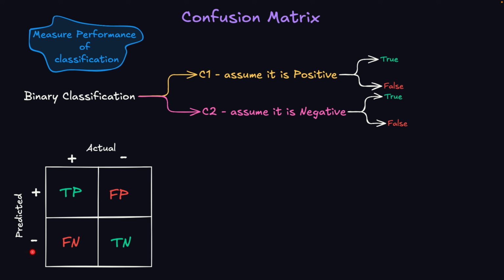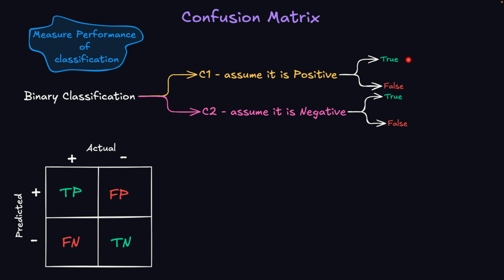And then again, if the model has predicted something as negative, but in reality, if that is positive, then we call that a false negative, because this was predicted incorrectly as negative. So this is called false negative. And finally, we have true negative, which is where a model has predicted something as negative and in reality also that is negative.